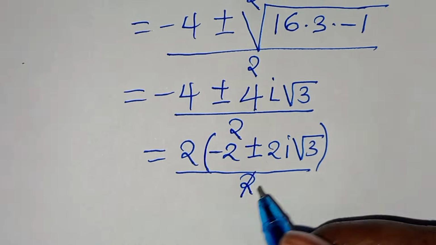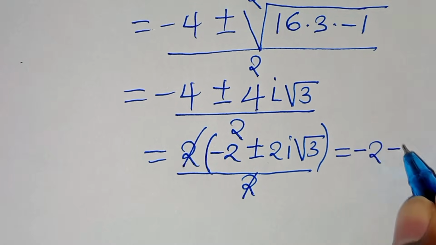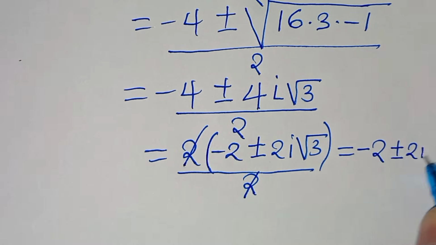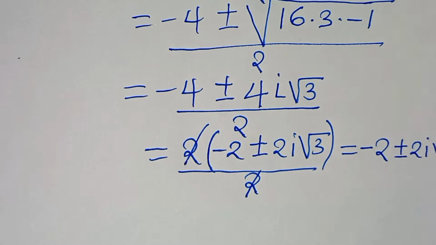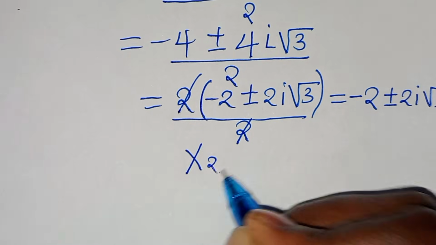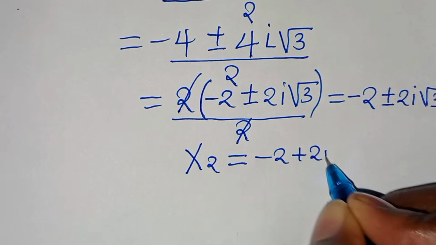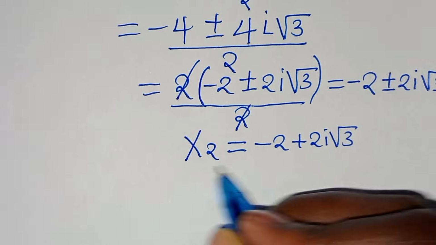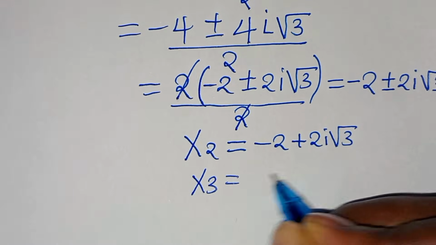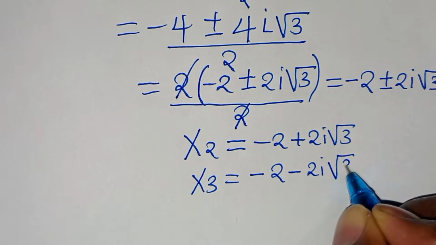So let's simplify 2 and 2 here. So this means that we have x2 is equal to minus 2 plus 2i square root of 3, and x3 is equal to minus 2 minus 2i square root of 3.